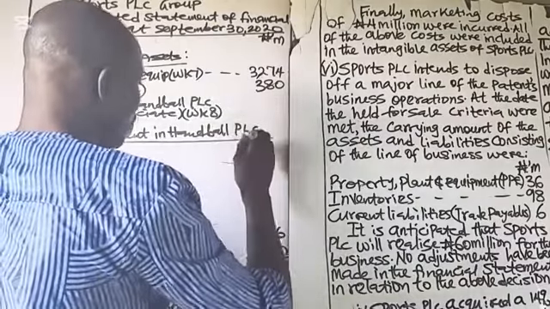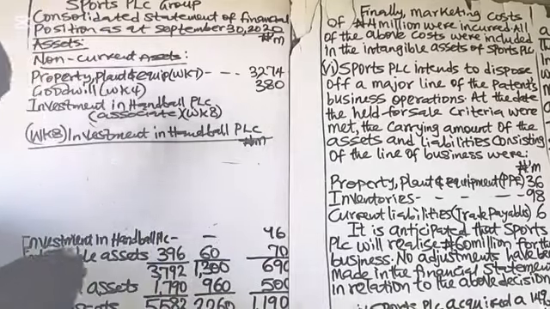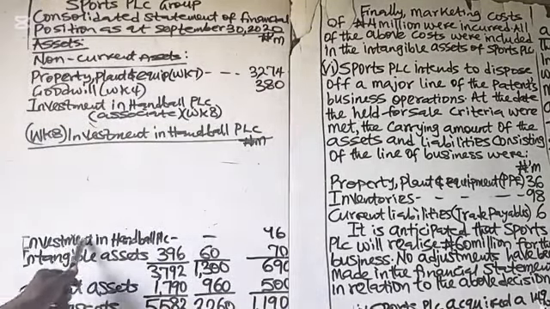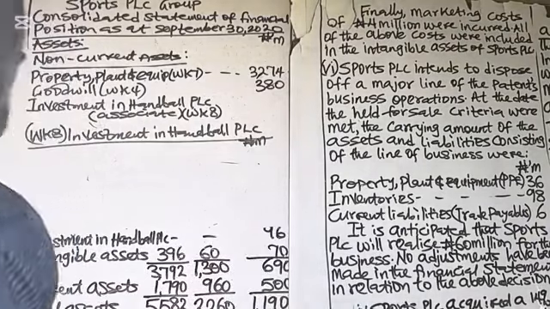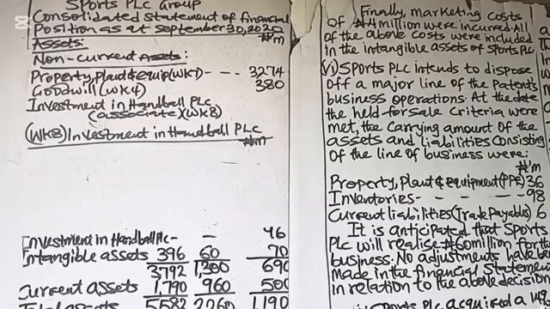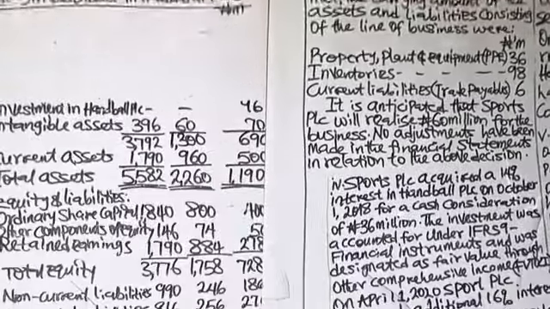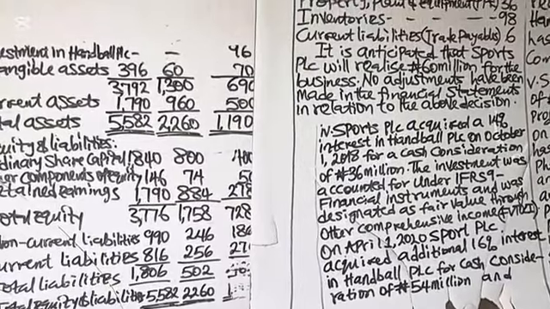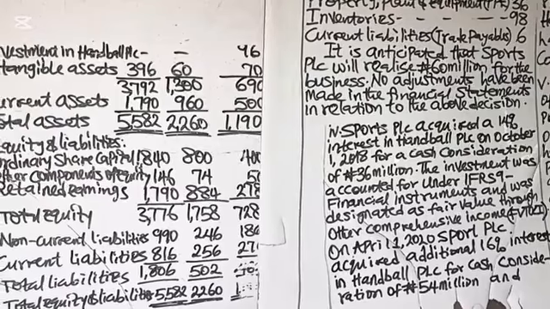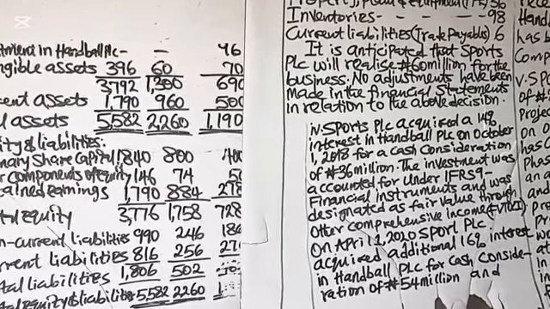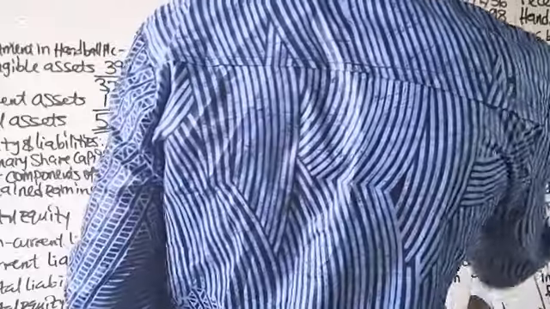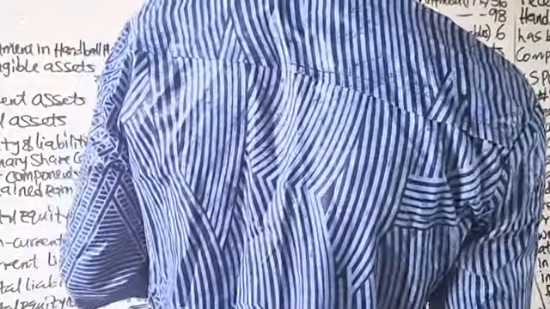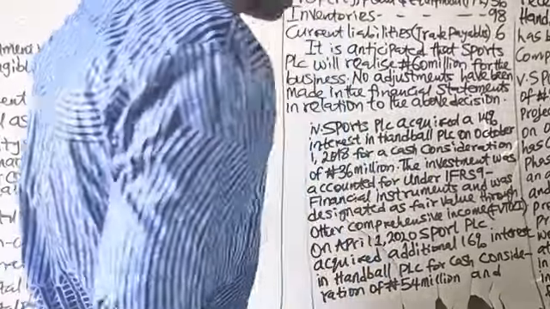Now, let's go through the information about the acquisition of handball PLC. Although you can see investment in handball PLC of 96 million in the statement of financial position, let's go through the note about the acquisition. In note 4, you were told Sport PLC acquired a 14% interest in handball PLC on October 1st, 2018 for a cash consideration of 36 million naira.